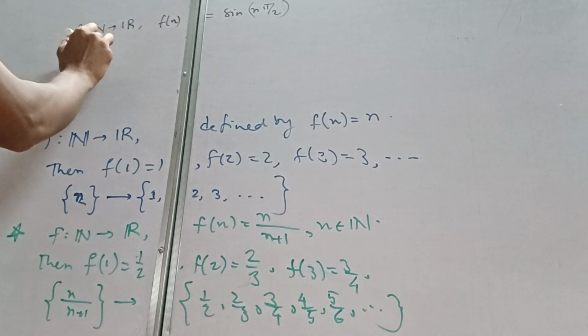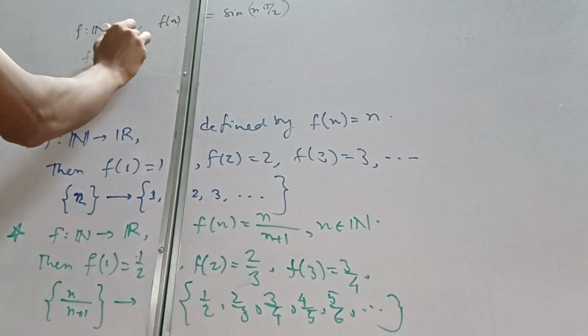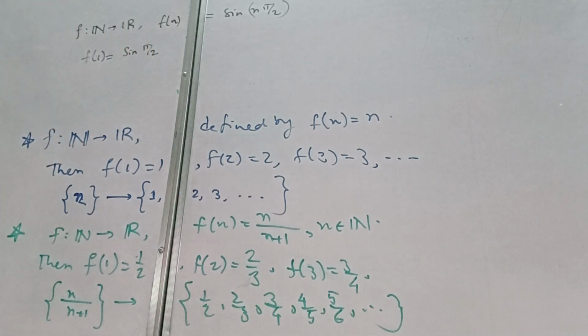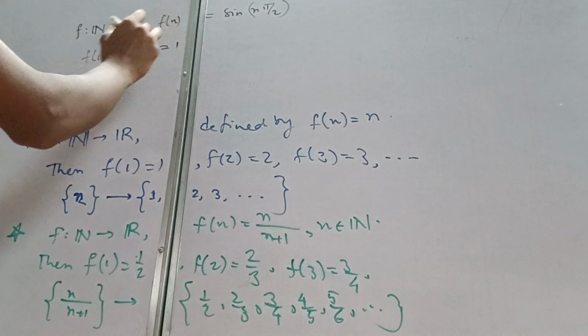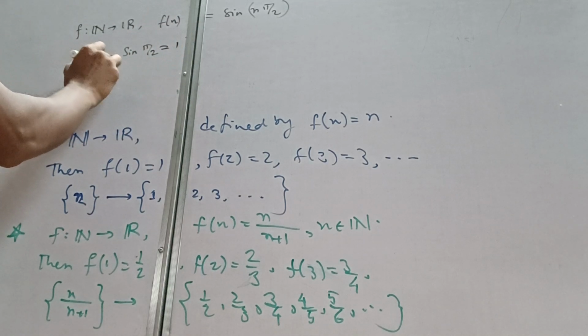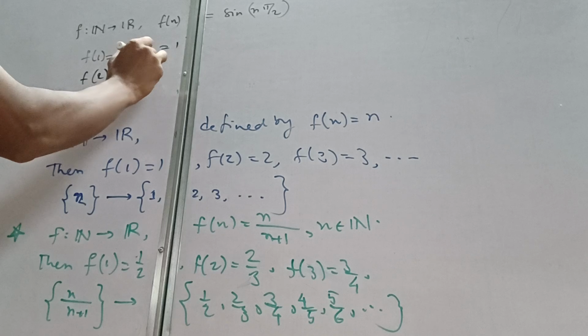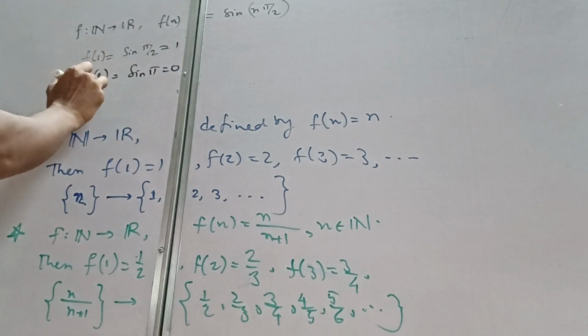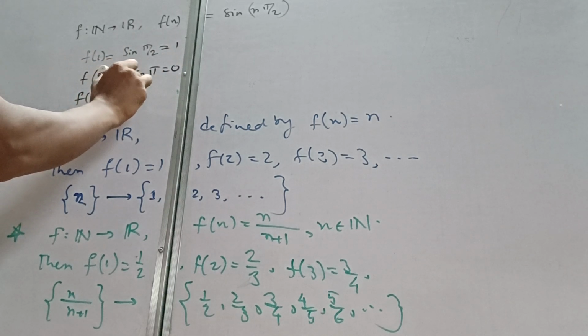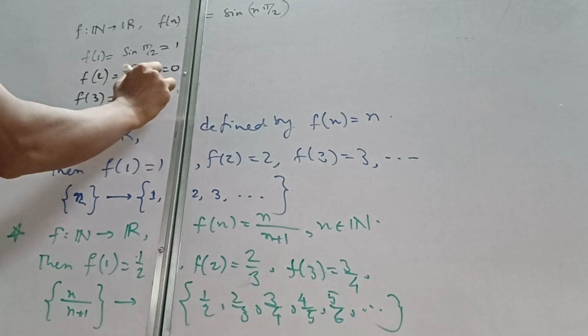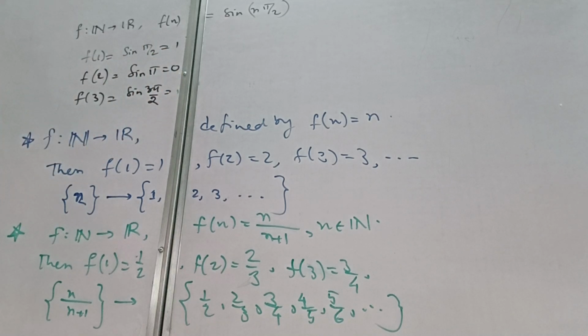Then f(1) equal to what? sin(pi/2) equal to 1, and f(2) equal to what? sin(pi) equal to 0. f(3) equal to what? sin(3 pi/2) equal to minus 1.